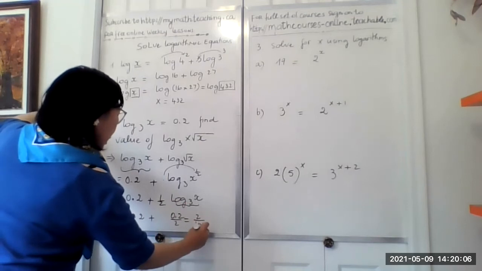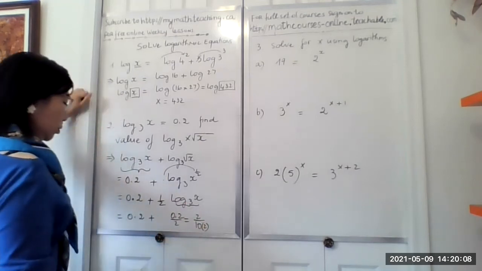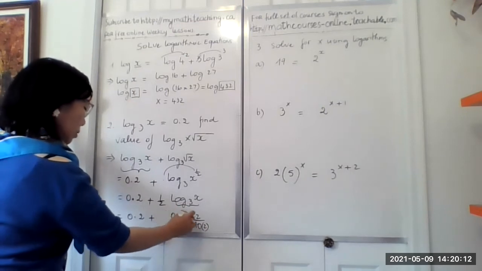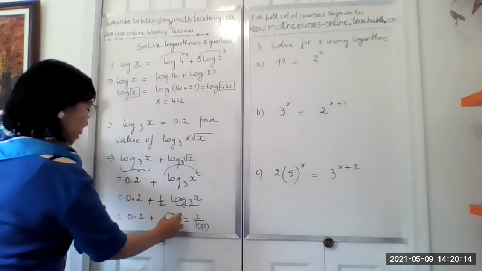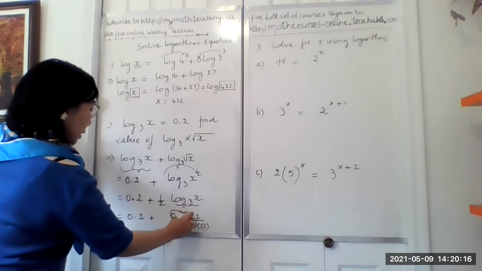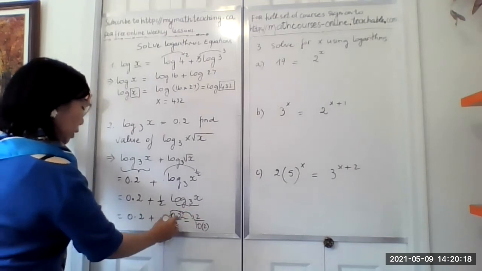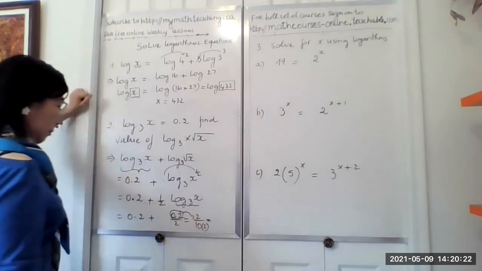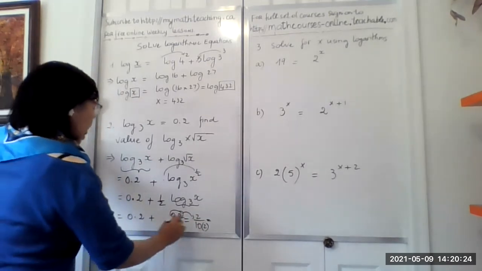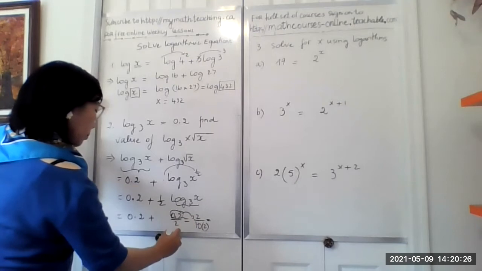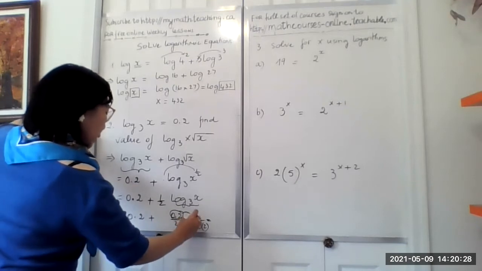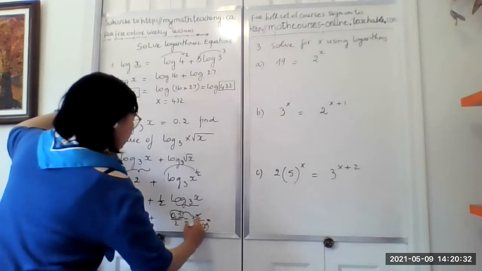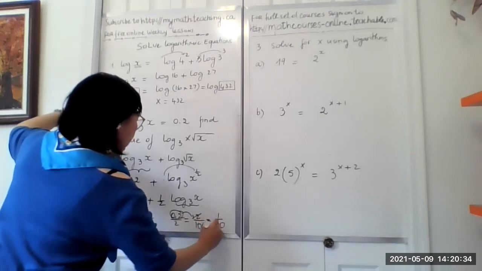Divide by 2 again, so I can join them together like that, because we divide twice. So we have 2 divided by 10, and we continue to divide by 2. Now we can cancel the 2 with this 2, so we are left with 1 over 10.